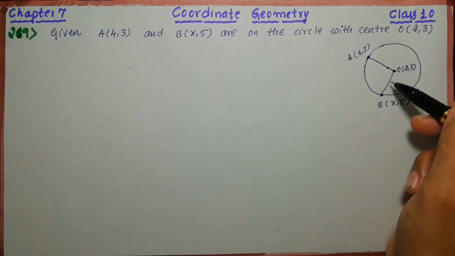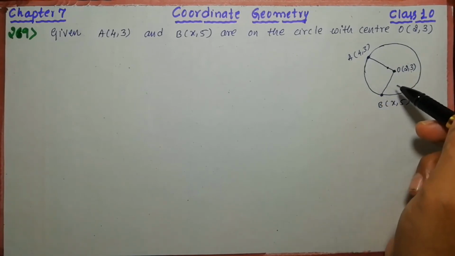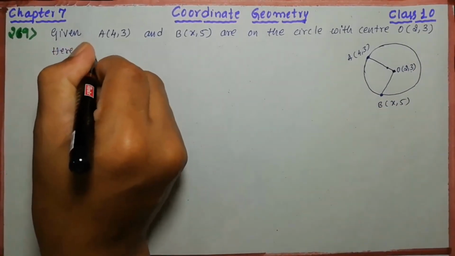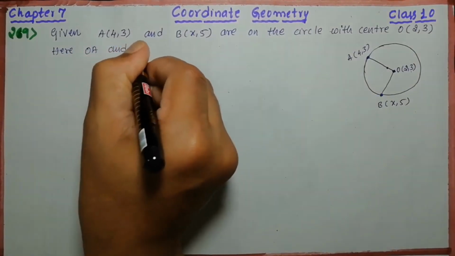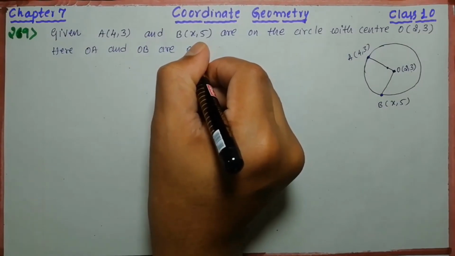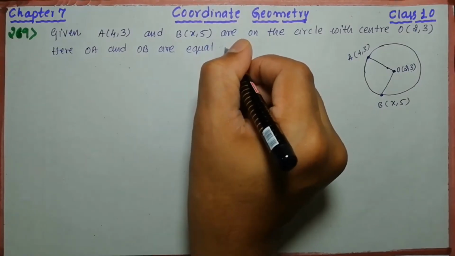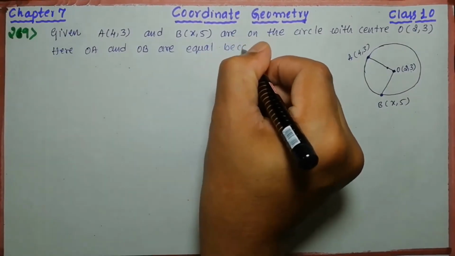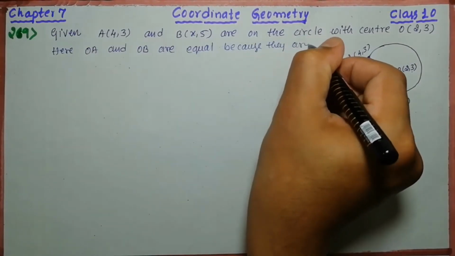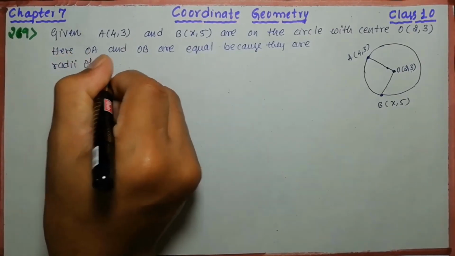That's why we can say O is equidistant from A and B. So I'm going to write down here: OA and OB are equal because they are radii of the same circle.